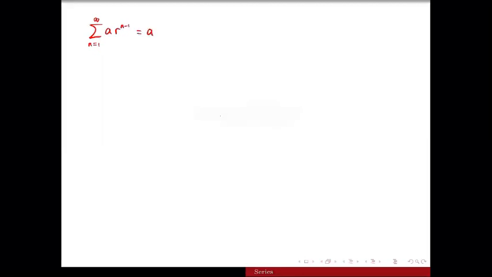So this is just a plus ar plus ar squared plus etc. Now, let's consider S sub k. S sub k is a plus a r plus a r squared plus until we have a r to the k.